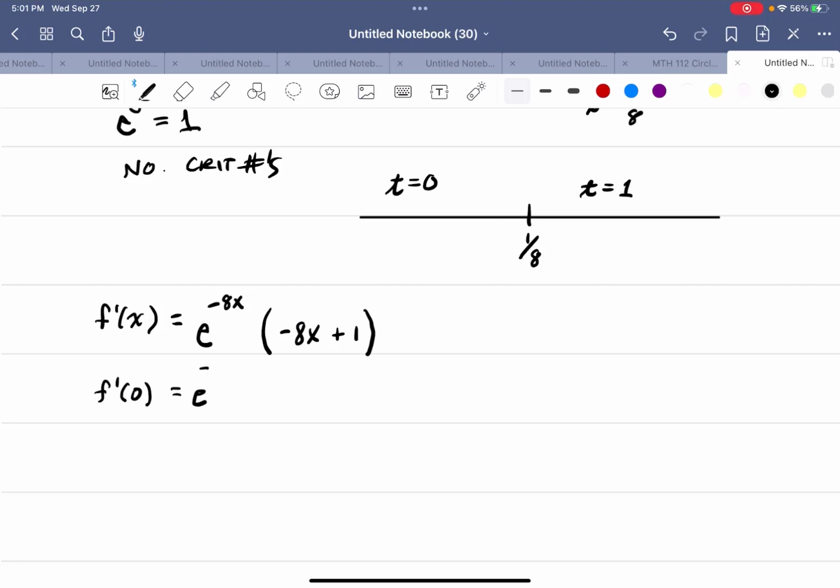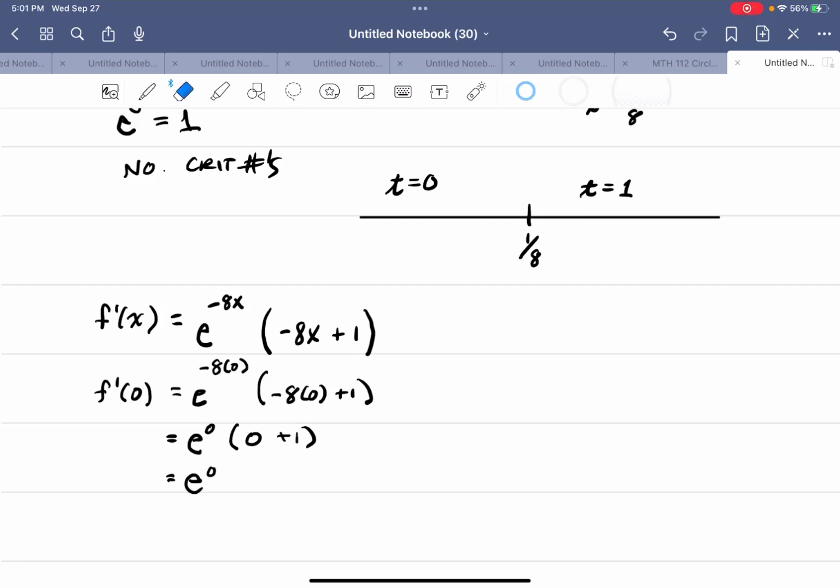That's going to be e to the negative 8 times 0, times negative 8 times 0 plus 1, which is e to the 0 times 1. So this is e to the 0. And anytime you have any base raised to a 0 power, that value is 1, and 1 is a positive number. So the left region is positive, which means the function's increasing on this side.